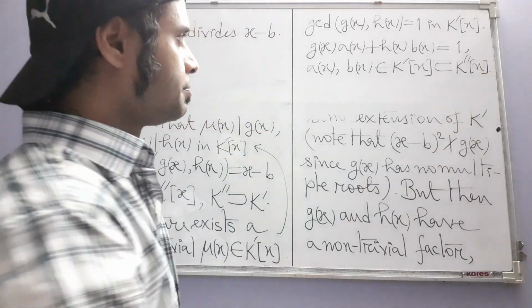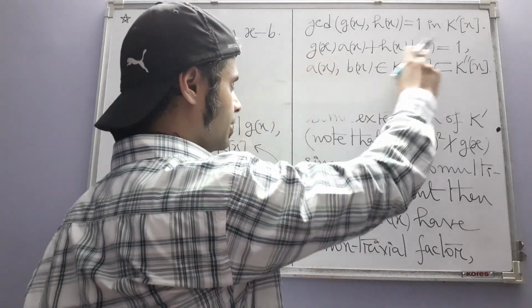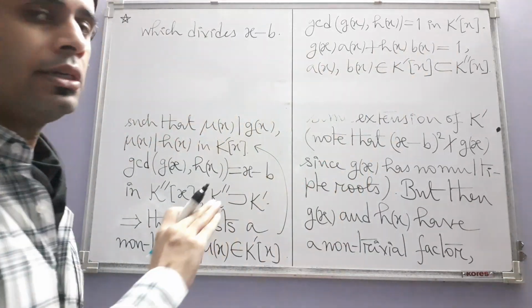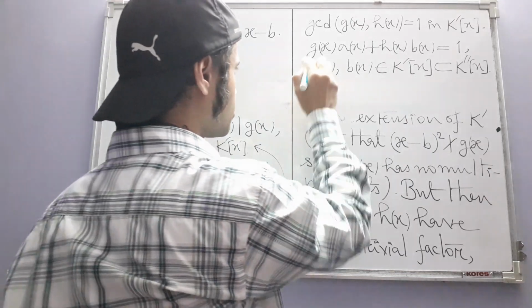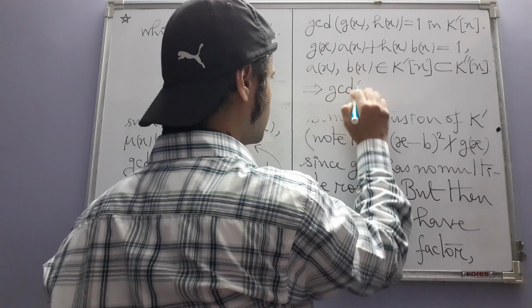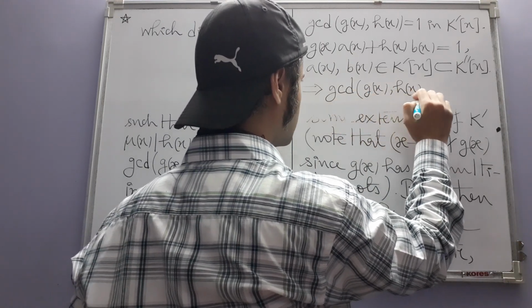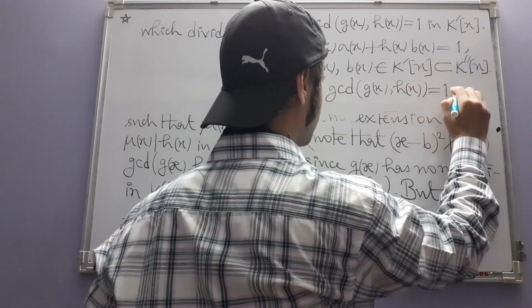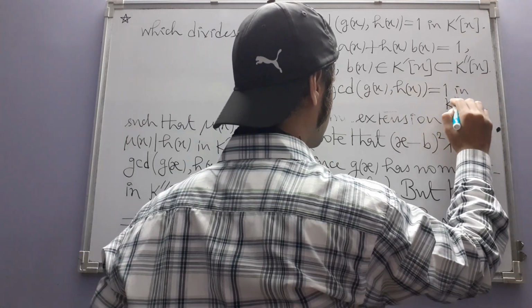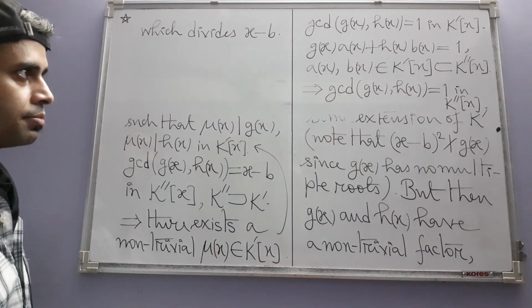But then you can use that property that when you have such an equation, then the GCD is also 1. So from this it follows that the GCD of gx and hx is also equal to 1 in this larger polynomial ring.